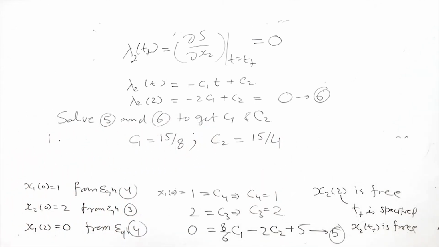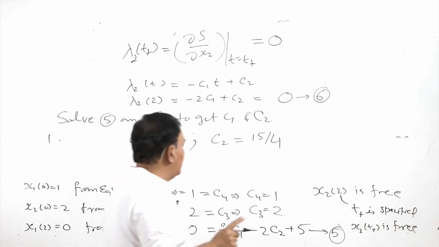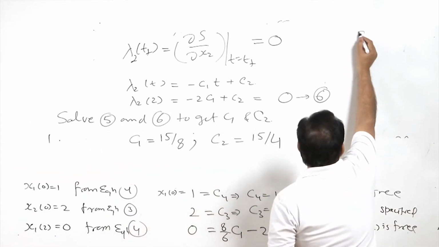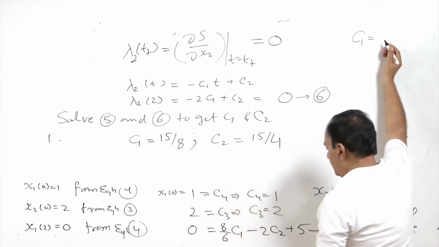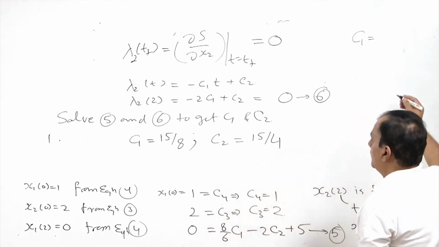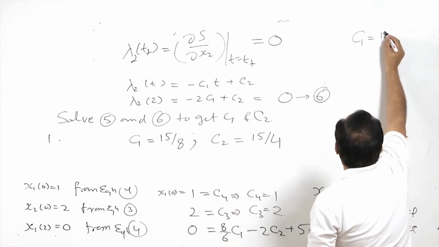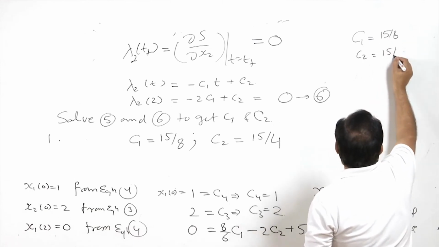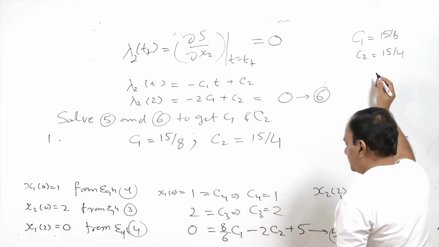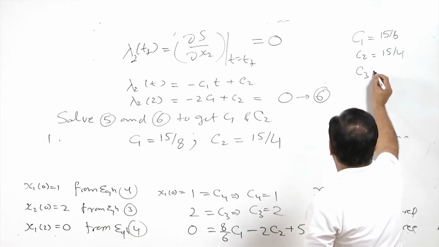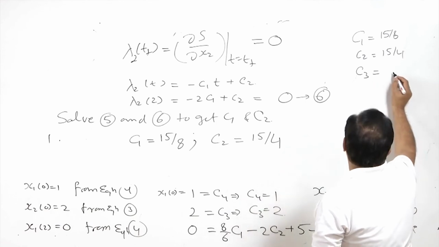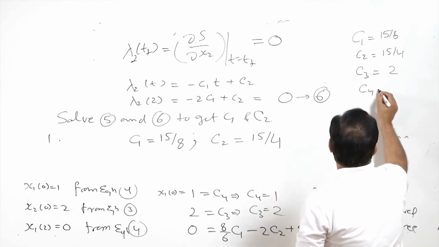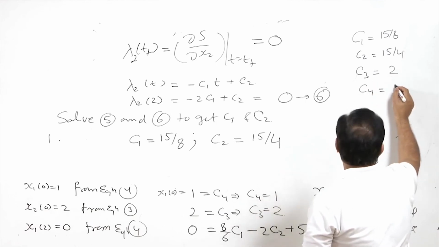So, now I have all my C1, C2, C3, C4 as C1 equal to 15 by 8, C2 equal to 15 by 4, C3 equal to 2 and C4 equal to 1.